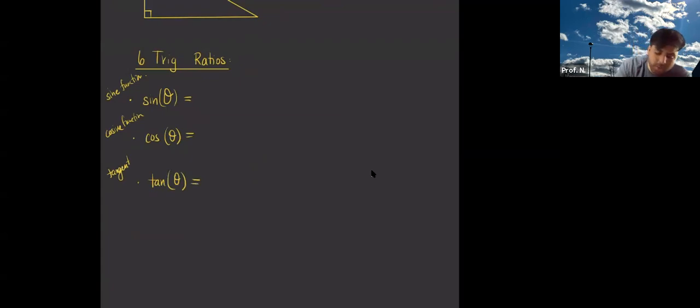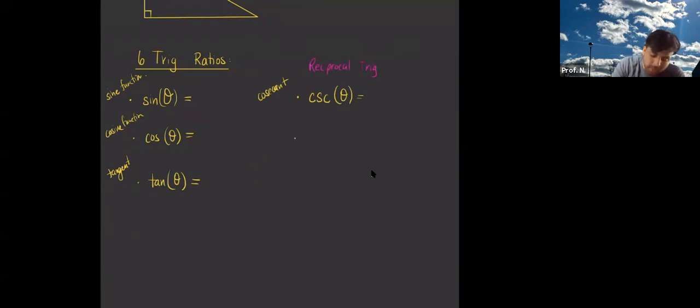And then we have what are called the reciprocals. So these are the reciprocal functions here. Reciprocal trig. And what are the reciprocal trig? Well, this is the cosecant function. Cosecant, which is equal to 1 over sine, the reciprocal of sine.